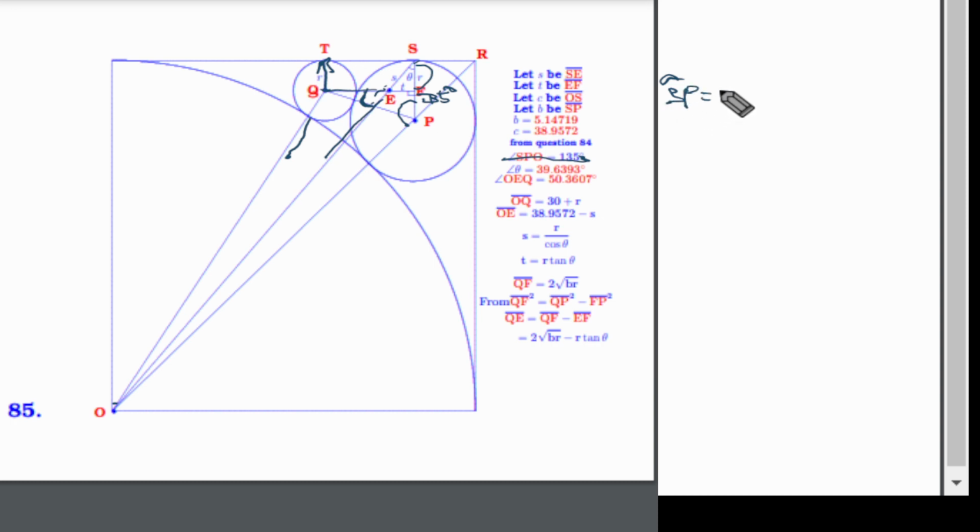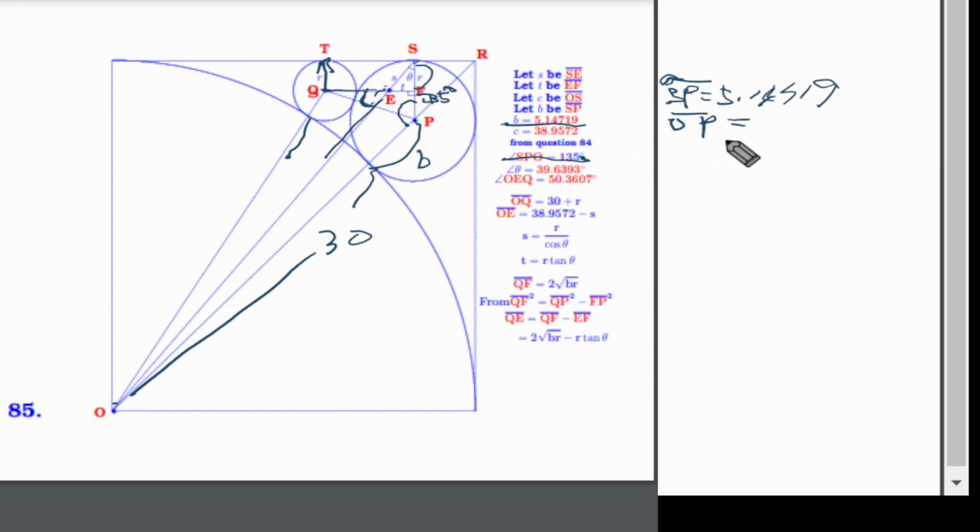The SP is 5.14719 and the OP is 30 plus the radius. Just for convenience, let's say this is B, and B is 5.14719.